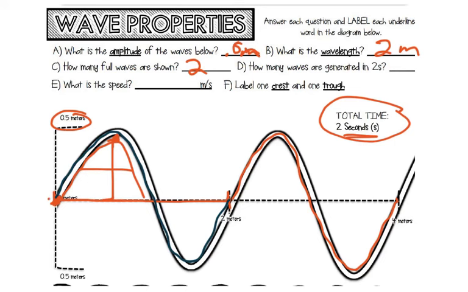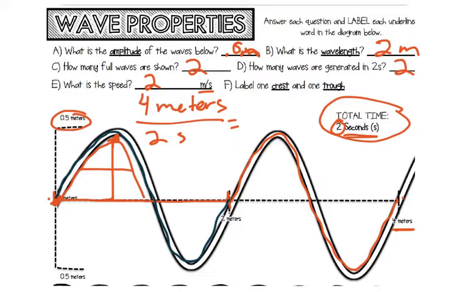So how many waves did we count that happen in that 2 seconds is 2. The speed, well, our total distance right here says 4 meters. So we take 4 meters divided by our time, which is 2. So the speed is 2 meters per second.